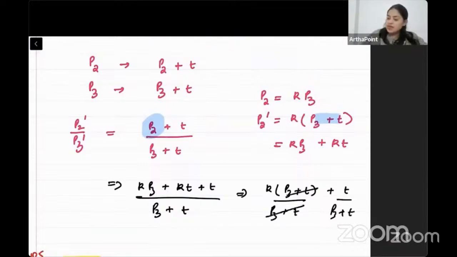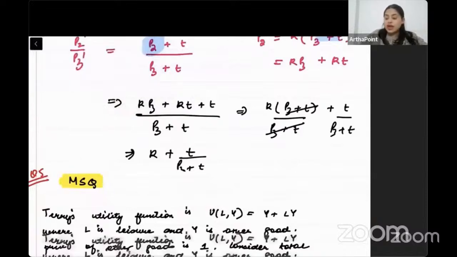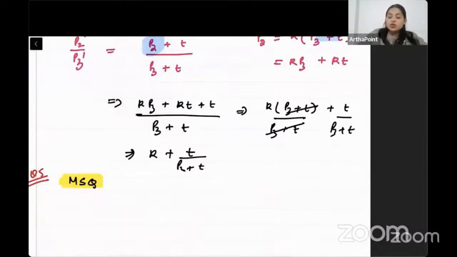So even this can be cancelled. And this will be (K plus T) upon (P3 plus T). So beta, this will be your new relative price ratio. Try to understand the question. The question is saying what will happen when you change and add a transaction cost to each of your prices, right?